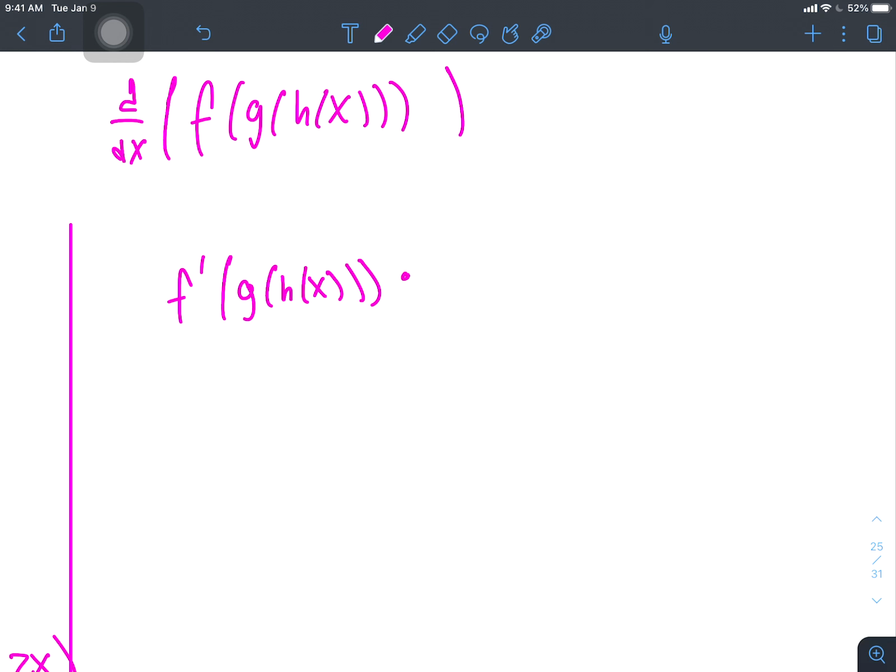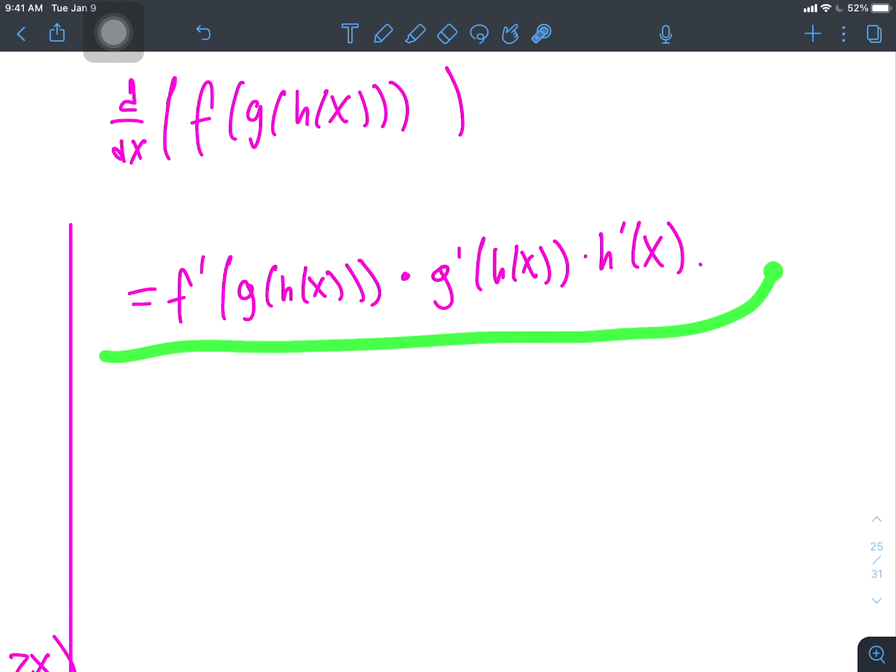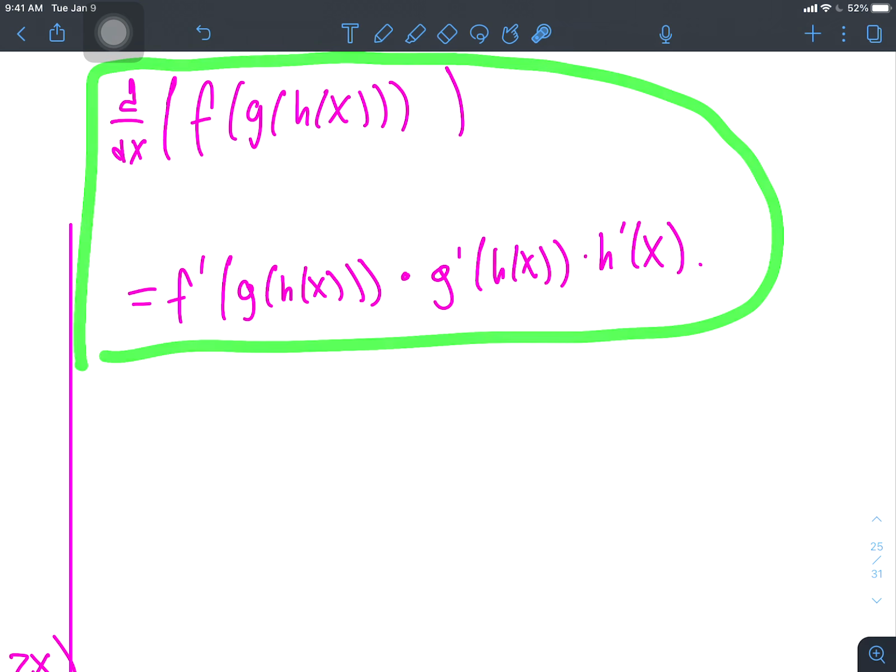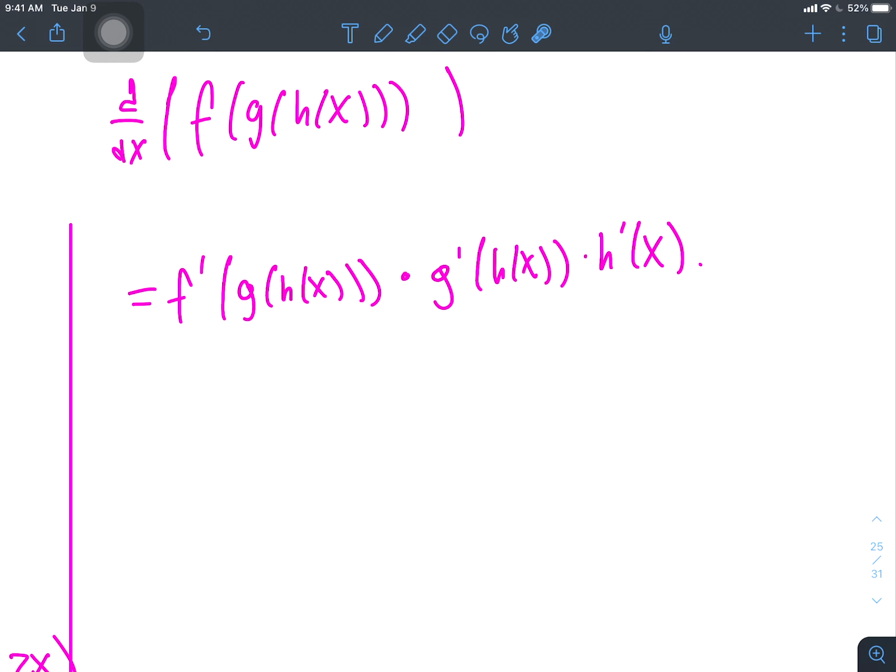Now what I need to do is multiply by the derivative of g of h of x, which is done by using the chain rule. It's g prime of h of x times h prime of x. So if you have a triple chain rule problem and you want to memorize this formula instead, then that's another way you could do it.